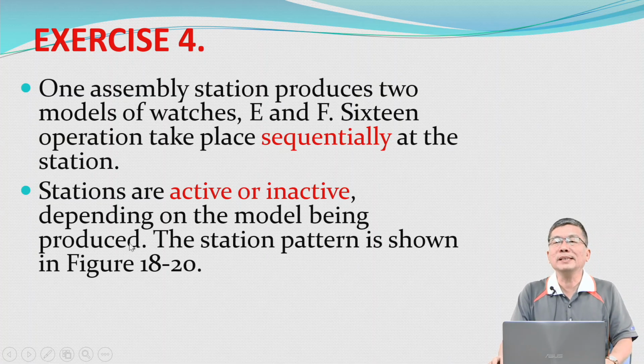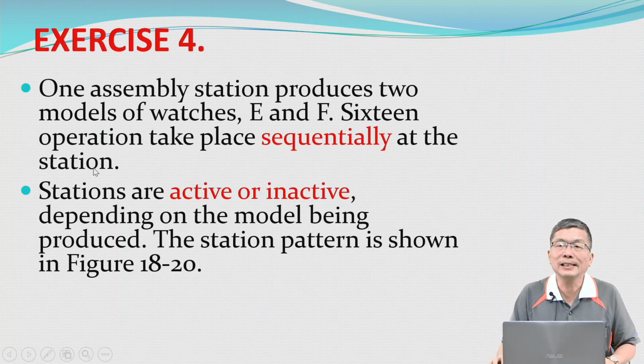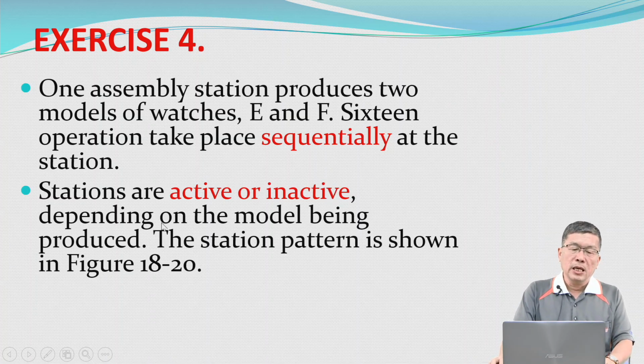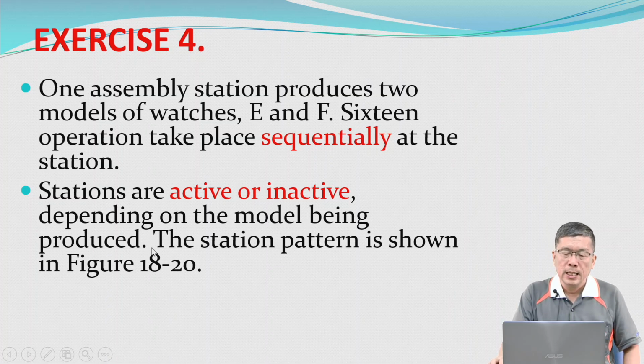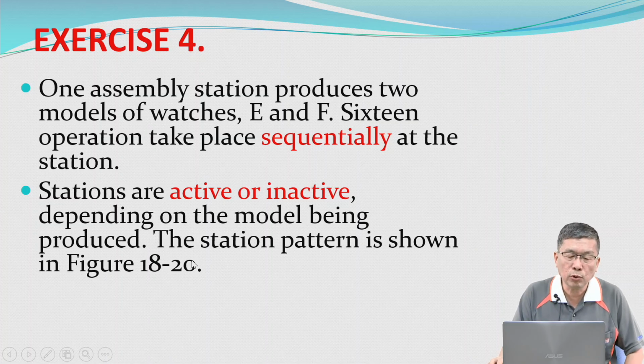One assembly station produces 2 models of watches, E and F. 16 operations take place sequentially at the station. Stations are active or inactive depending on the model being produced. The station pattern is shown in figure 18.20.